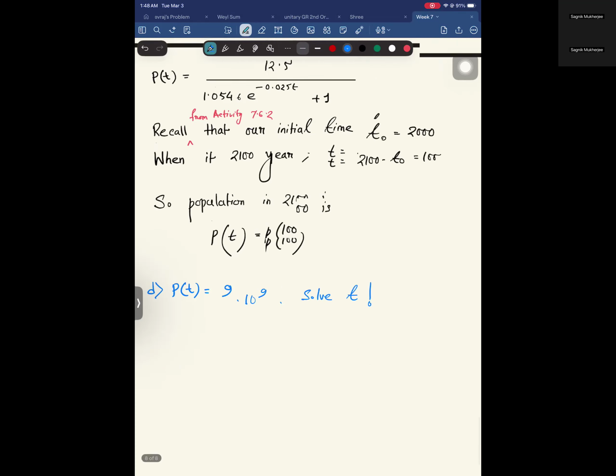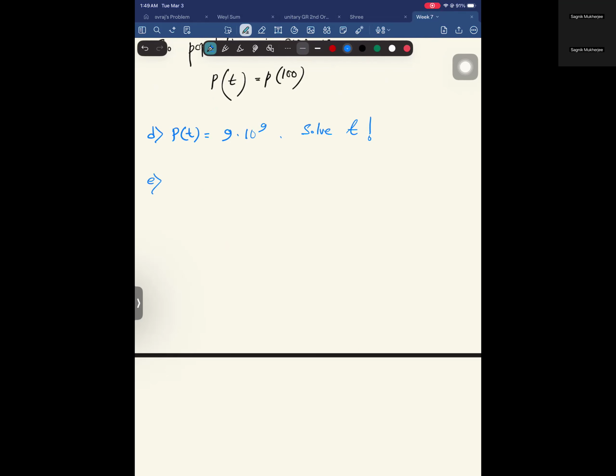Now, number E, the last one. Yeah, this is a very nice problem. So P of t is n over, as you can see from the general solution, P0 e to the power negative k n t plus 1.